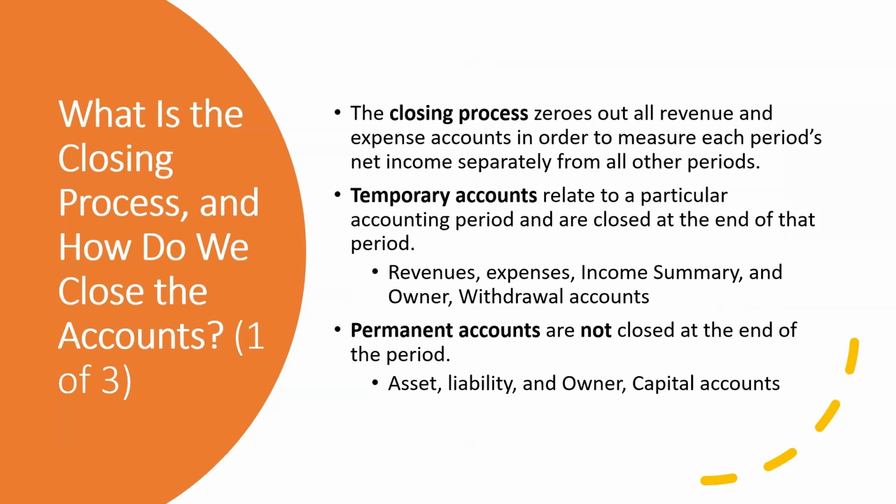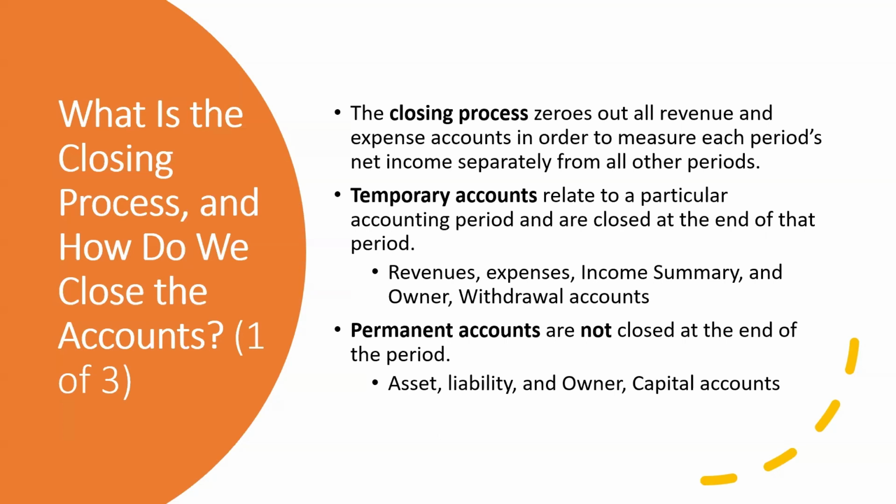To isolate each period's net income from that of others, revenues and expenses undergo closure. In other words, you close revenues and expenses. Now, this process, integral to the accounting cycle's conclusion, involves journalizing and posting closing entries at the period's end.